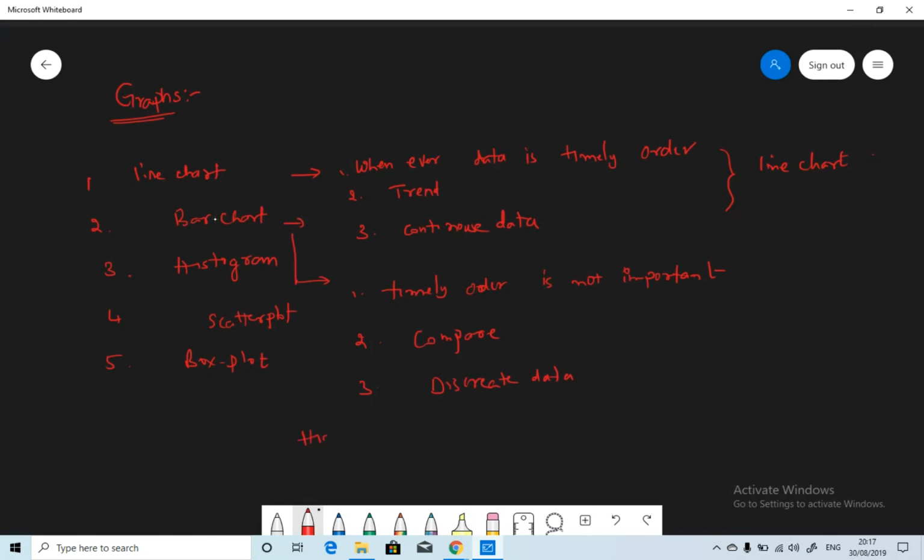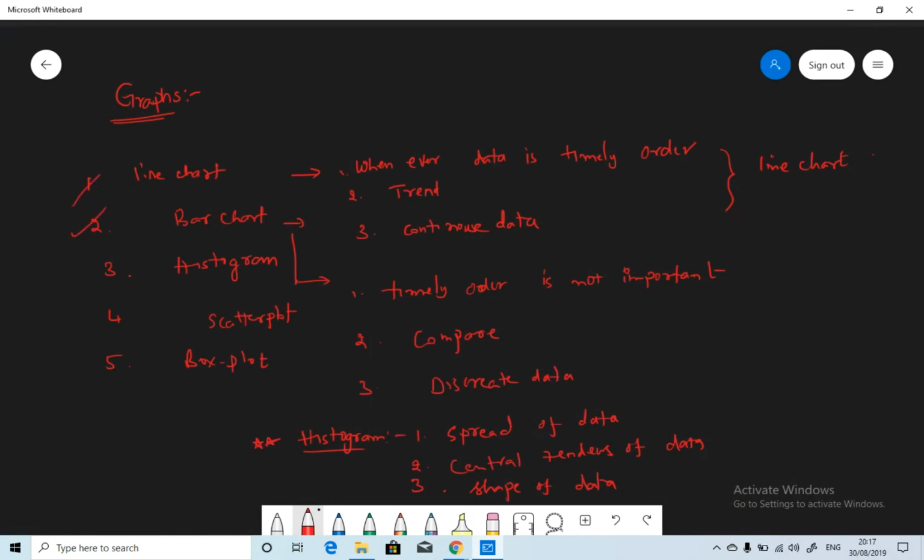And the next thing is histogram. This is important. Histogram talks about spread of data, and also talks about central tendencies of the data, and it talks about the shape of the data, right?